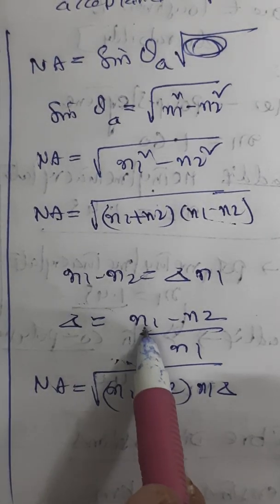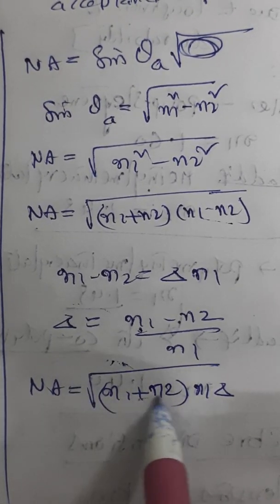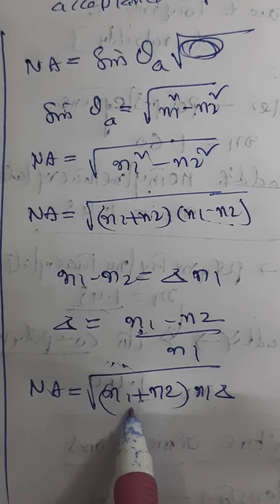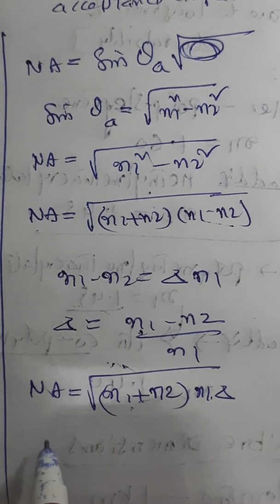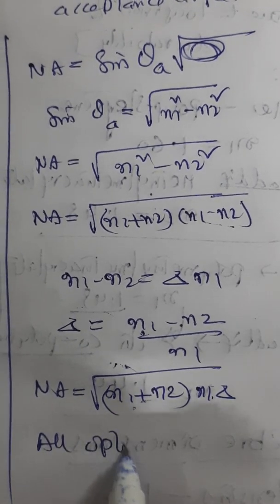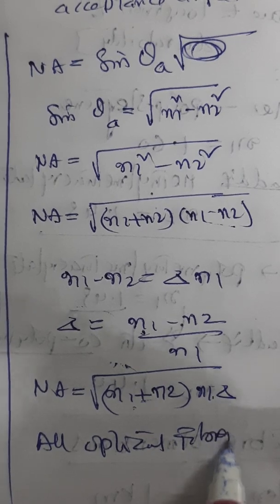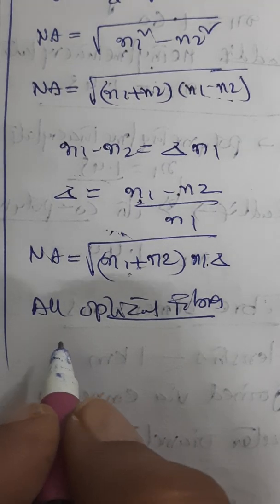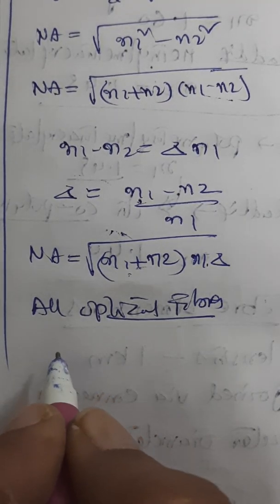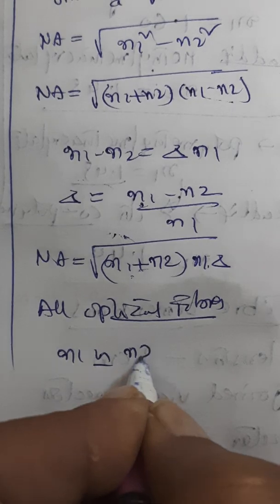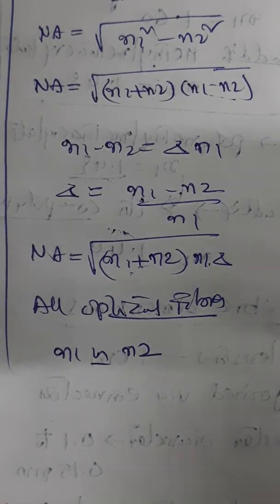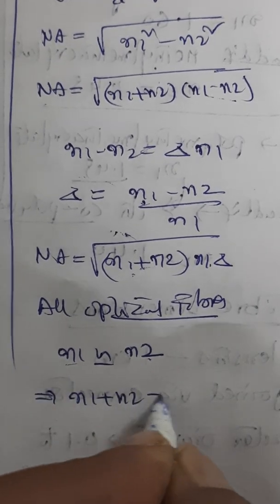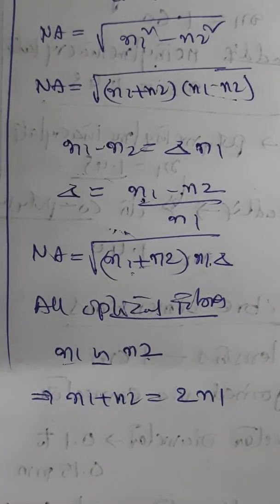Now delta is this value. So it is the fractional change in the refractive indices n1 and n2 of core and cladding. For most optical fibers, core and cladding have approximately equal refractive indices. That means n1 is approximately equal to n2. So when n1 is approximately n2, then n1 plus n2 can be written as 2n1 or 2n2.